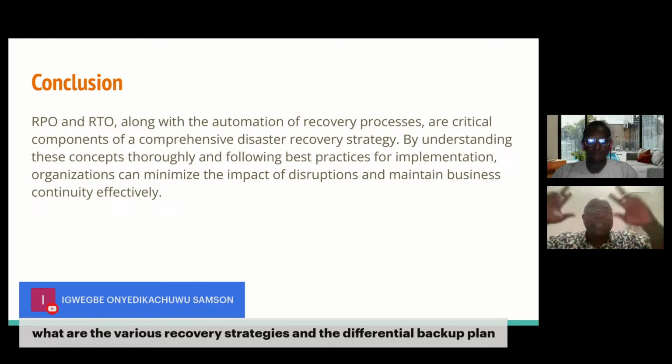But generally, every cloud platform has its own tool for backup and recovery. They have so many in AWS, and if you're not satisfied with the one that AWS has given, you can always go to the marketplace. I'll leave that one at that.